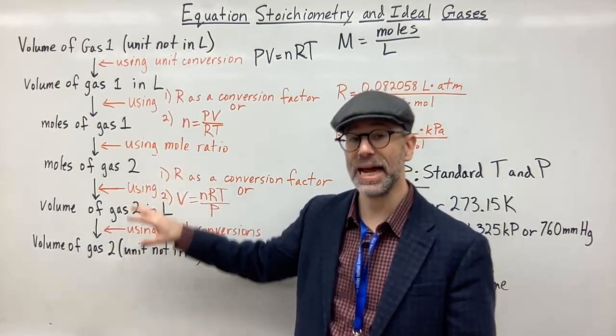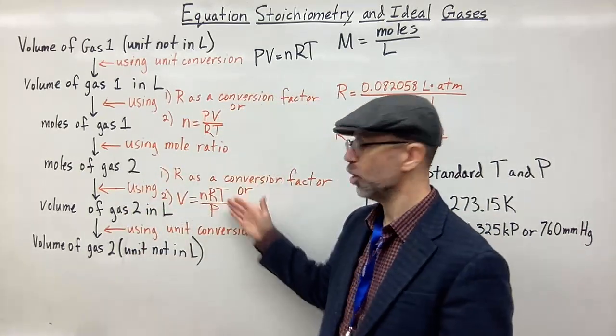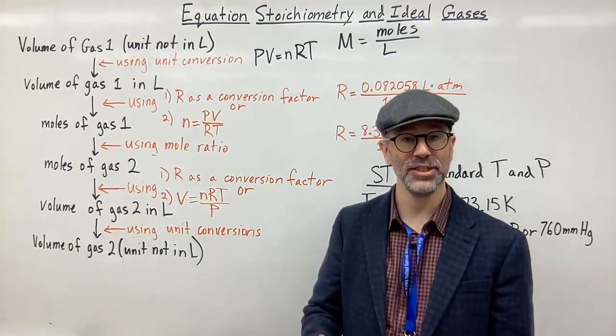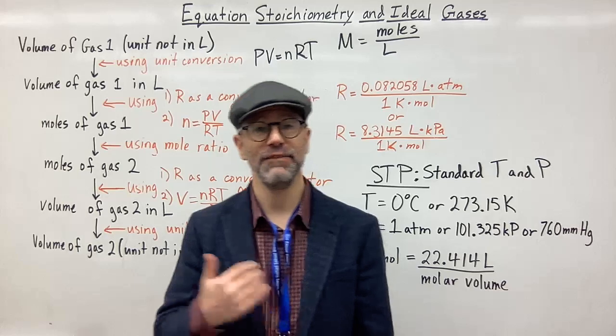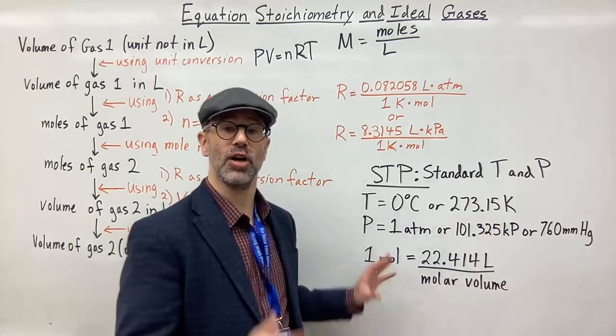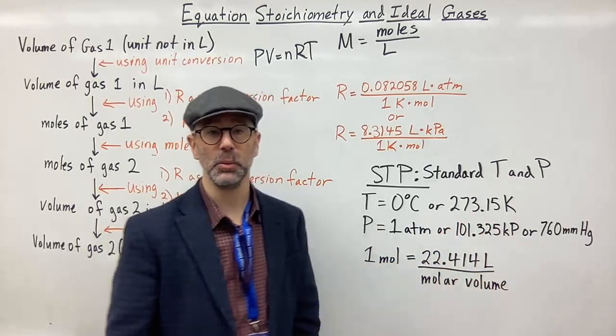So then you cannot use this as a conversion factor. You'll have to use one of these two strategies here. So pay attention to the conditions you're given. If you are given standard conditions, then you can use this, and this will cut down some of the work, right? So that's very important to keep in mind.